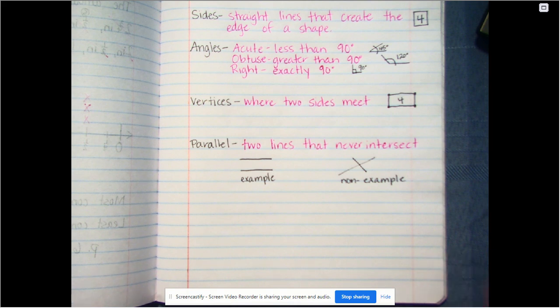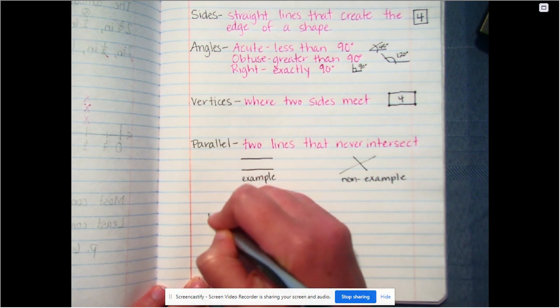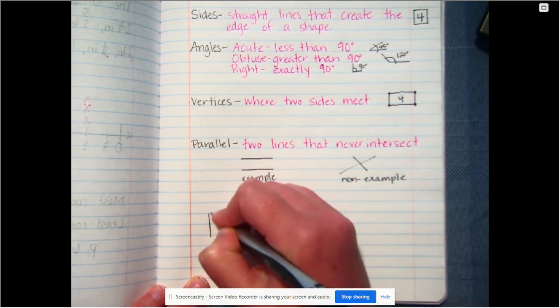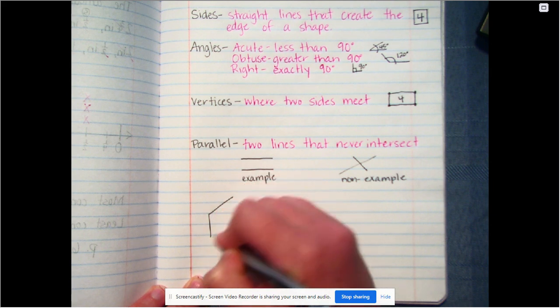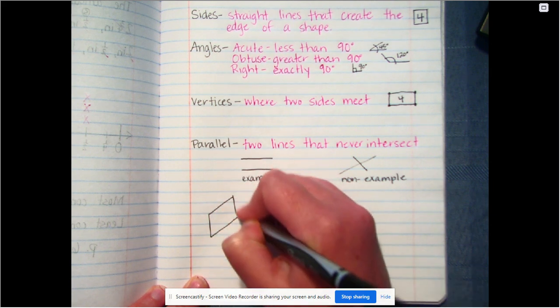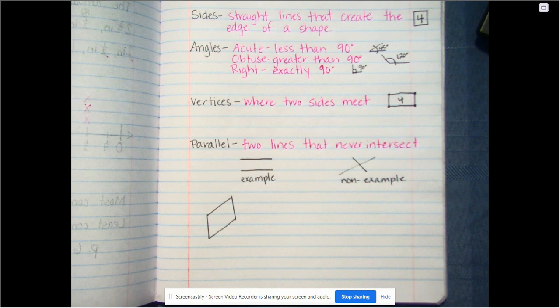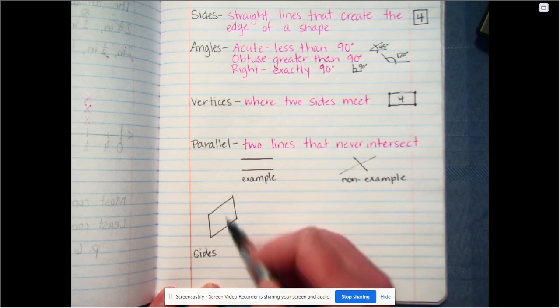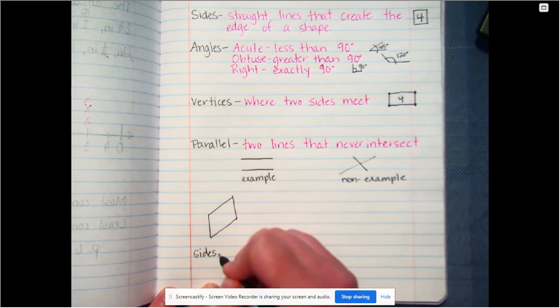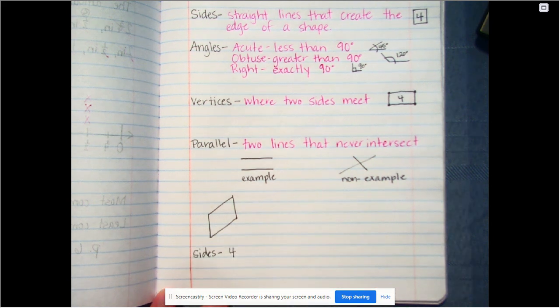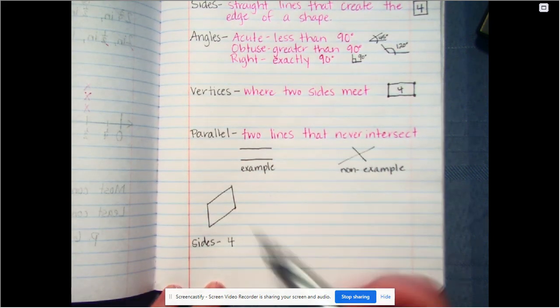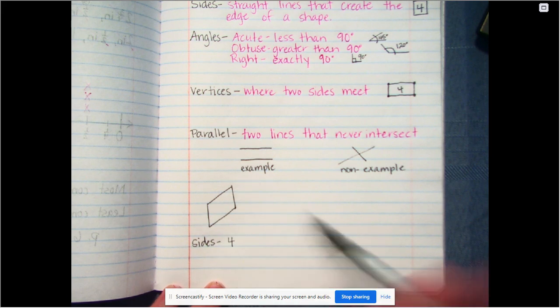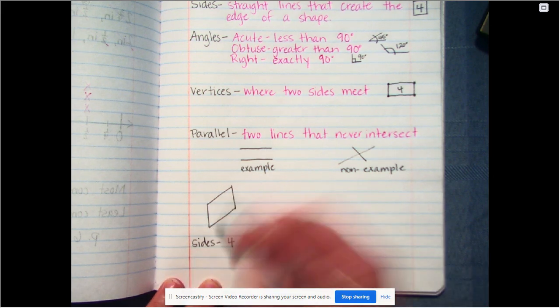So for example, if we look at this shape, now, remembering this is to the best of my ability, if we look at the sides, how many sides does it have? I see 1, 2, 3, 4 sides. If we're looking at the angles, how many angles does it have? Well, it has 2 acute.